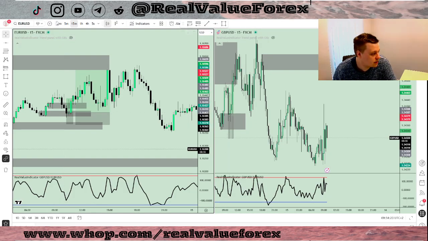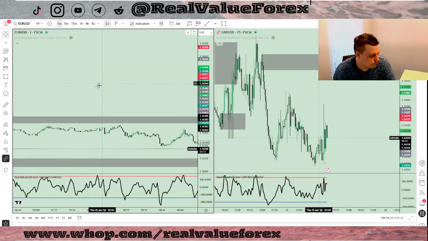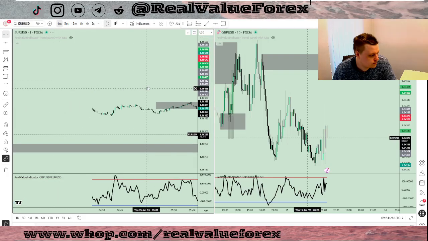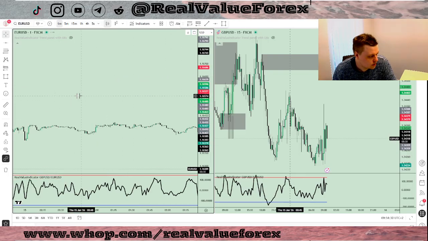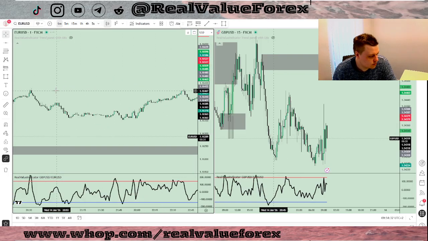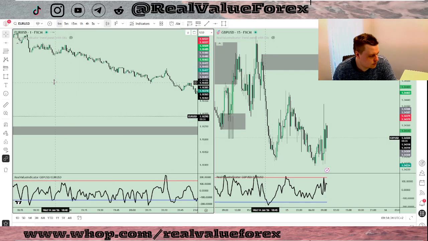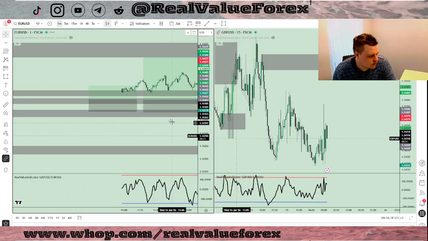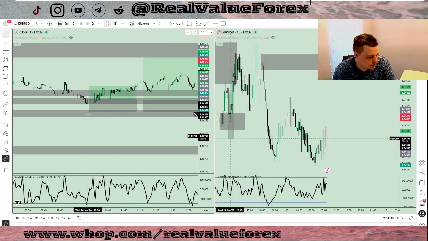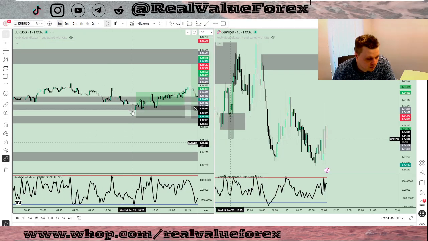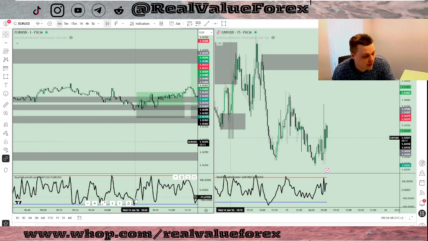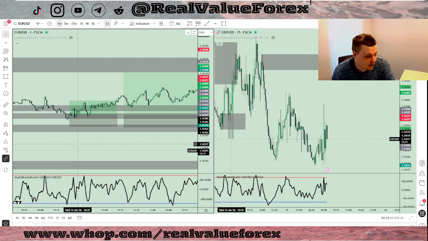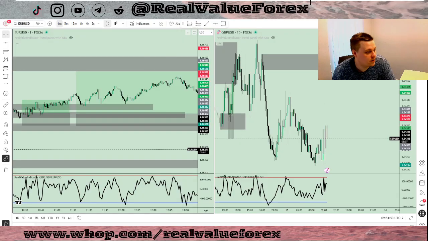I can show you. Here. So it was 15 minutes after our session ended. We tapped into this area, we had a real value indicator signal, and from there we just went up.